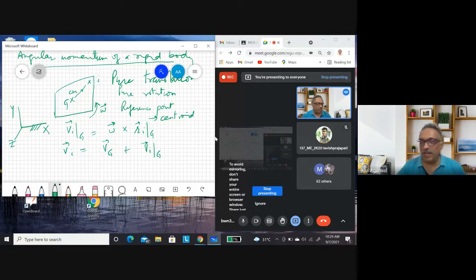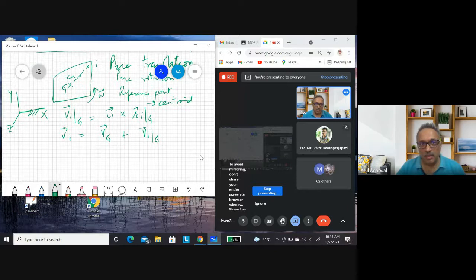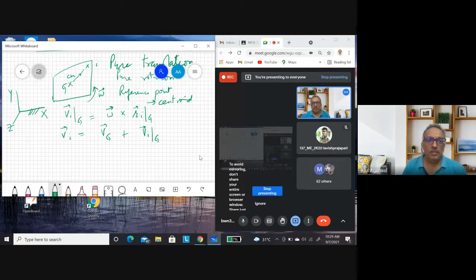Now we want to find angular momentum of particle I with respect to point G. So what will be that?